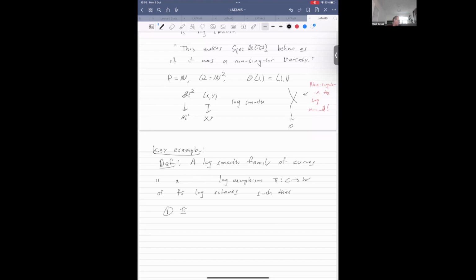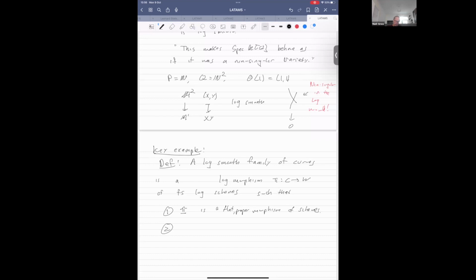First of all, the underlying morphism is a flat morphism of schemes, and maybe projective, but maybe proper, so the fibers are compact.